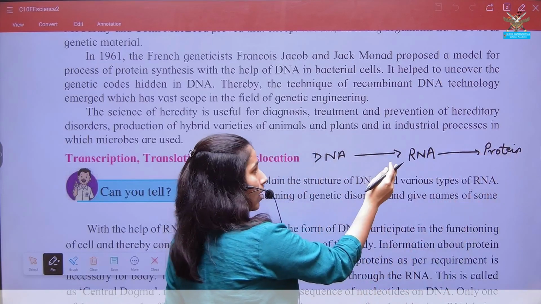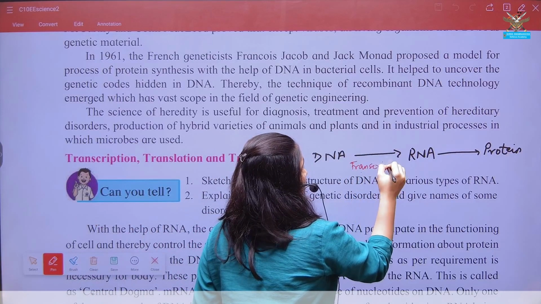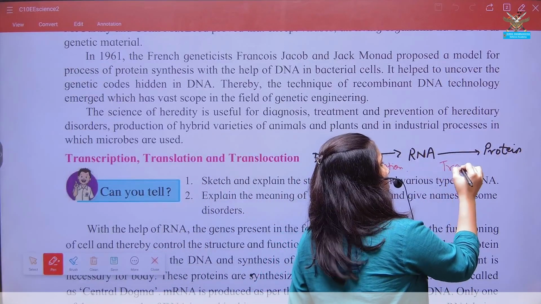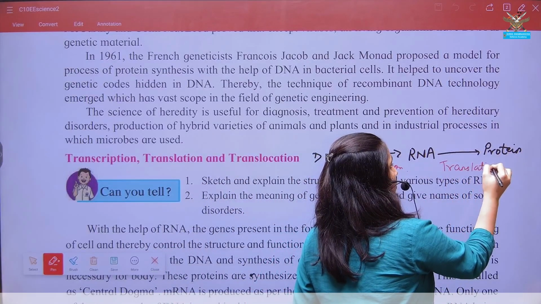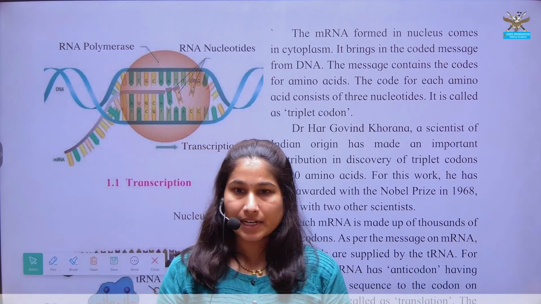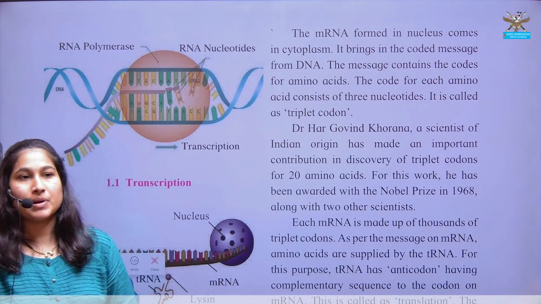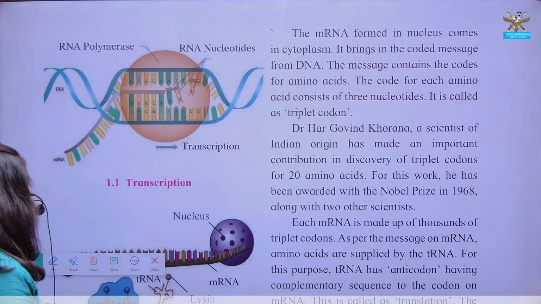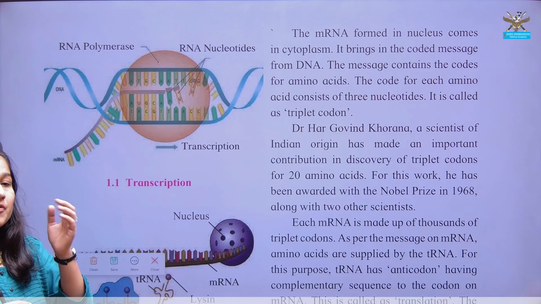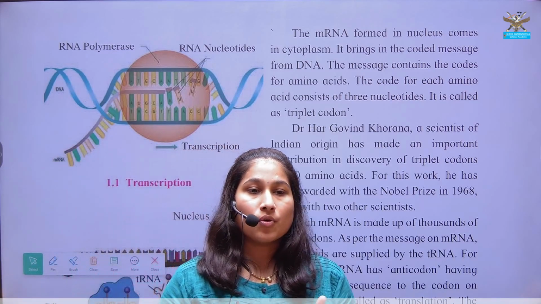From DNA to RNA is transcription, and from RNA to protein is translation. How is a new molecule of DNA formed? By the process of replication. In replication, your DNA undergoes various steps such as formation of the replication fork, origin and so on.